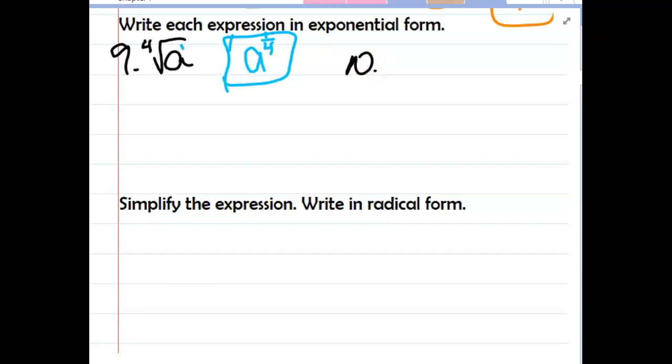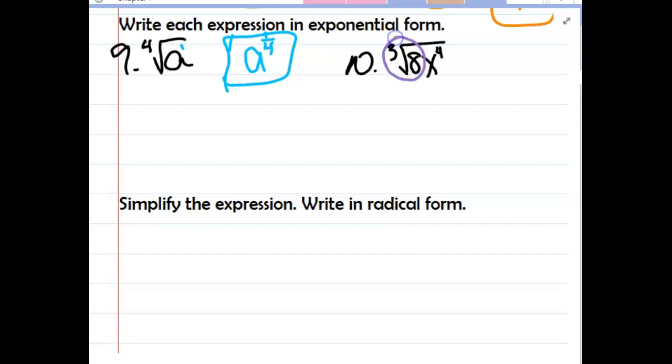Okay, number 10. The cubed root of 8x to the 4th. Okay, now for this one, before you take it out of radical form, if you have a number under the radical sign, you need to check and see if you can simplify that radical.